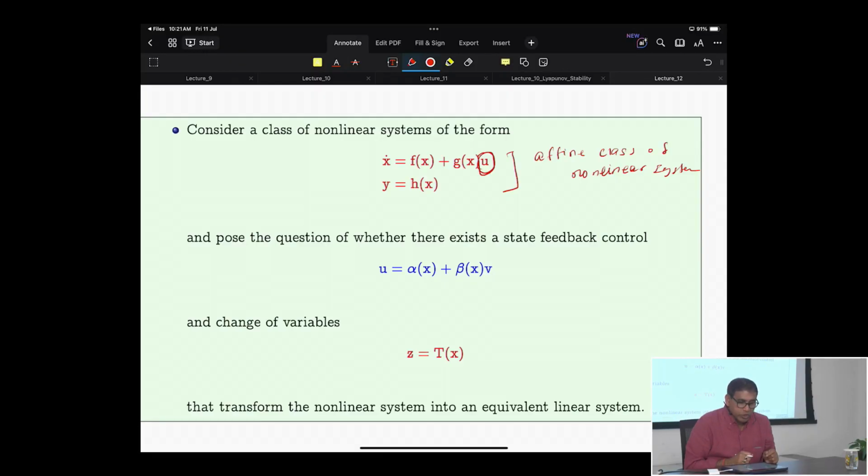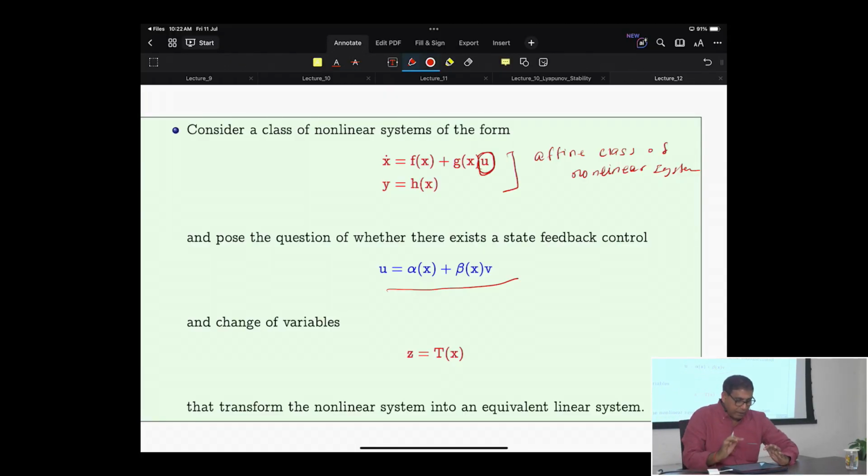And pose the question whether there exists a state feedback controller alpha(x) plus beta(x)v which will make this system linear. I have got a nonlinear system, x dot is equal to f(x) plus g(x)u, y is equal to h(x), and I have got a controller u is equal to alpha(x) plus beta(x)v. Is it possible to transform this system into a linear system?